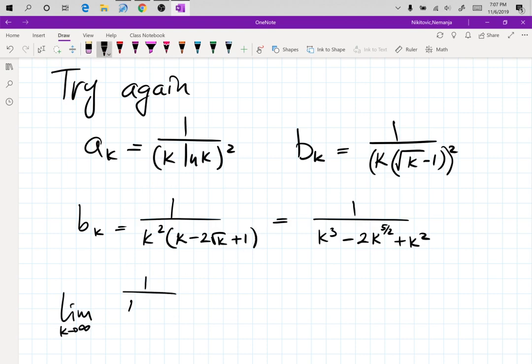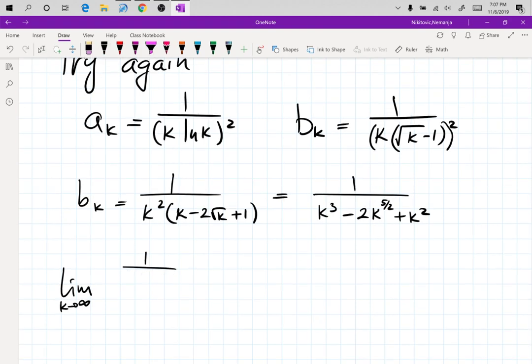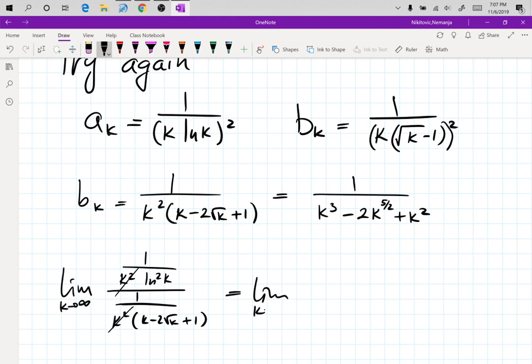So 1 over k ln k squared. Well, I'm just going to separate those squares, so k squared ln squared k, divided by 1 over k squared times k minus 2 root k plus 1. When k squares cancel, we get the limit as k goes to infinity of k minus 2 root k plus 1 divided by ln squared k.